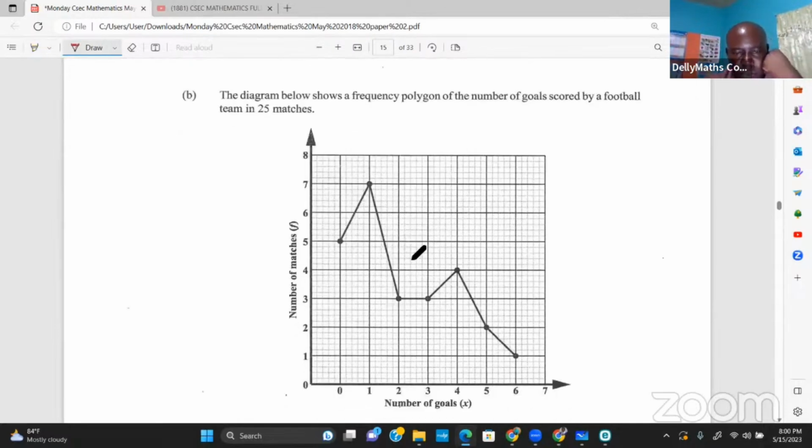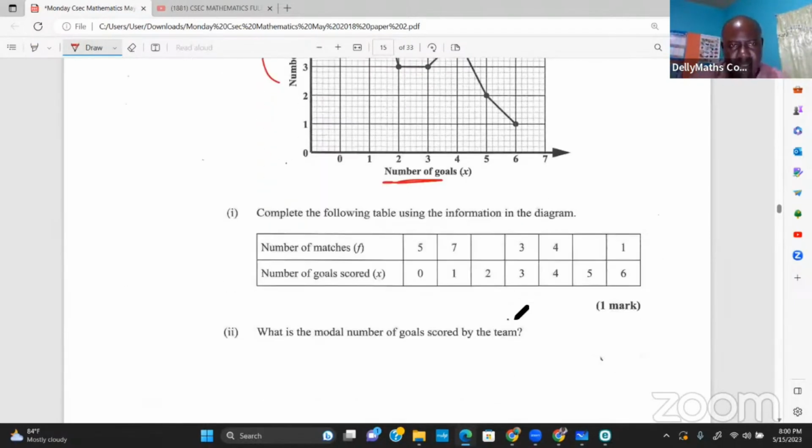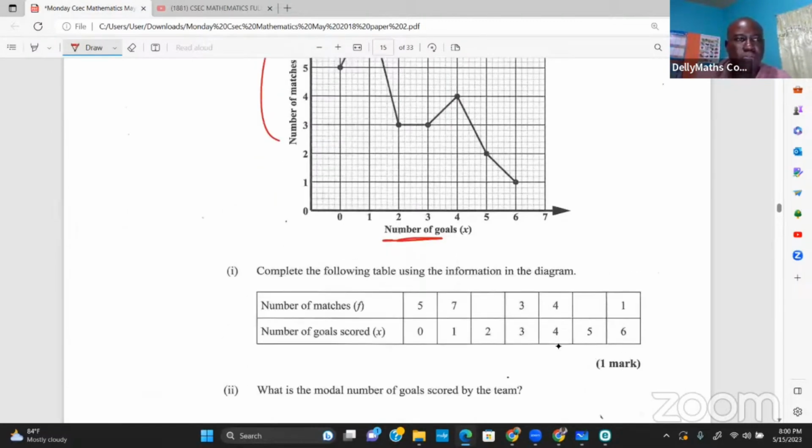All right, so we're seeing the number of matches, which is the frequency, and the number of goals here. They're giving us a table. Complete the following table using the information in the diagram. So they have 2 missing spots. We could fill them out quickly.